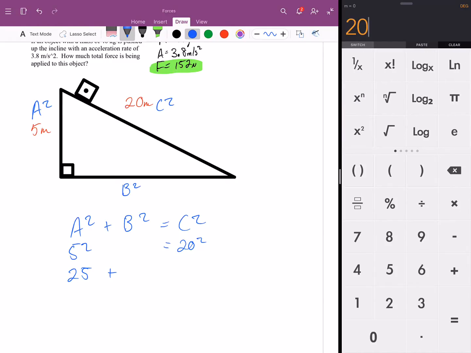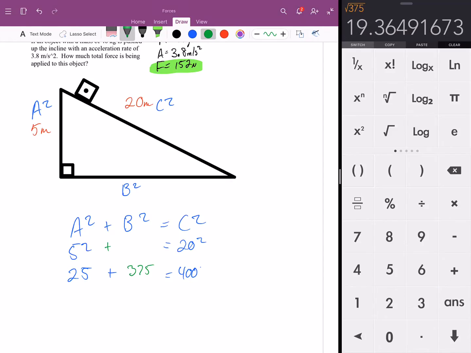Square this, you have 400. Then you solve for b squared. Subtract 25 from 400, you have 375. And then square root this number.